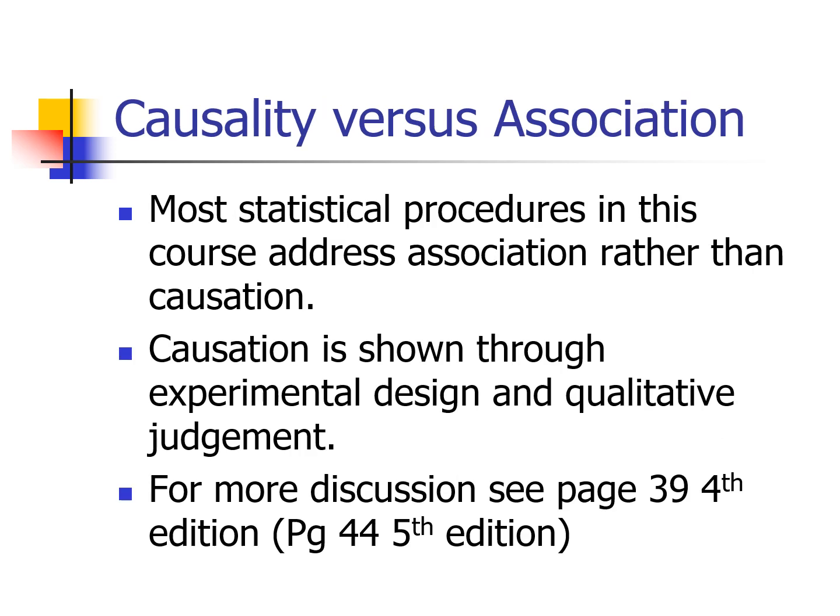Now, in terms of causality versus association, if it's not causality, we say correlation is a measurement of association. Most statistical procedures in our course look at association, not causation. Causation is demonstrated through experimental design and qualitative judgment.